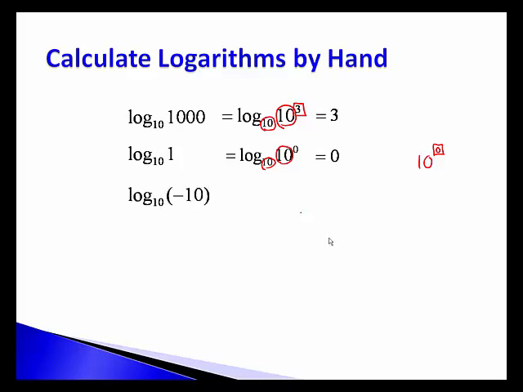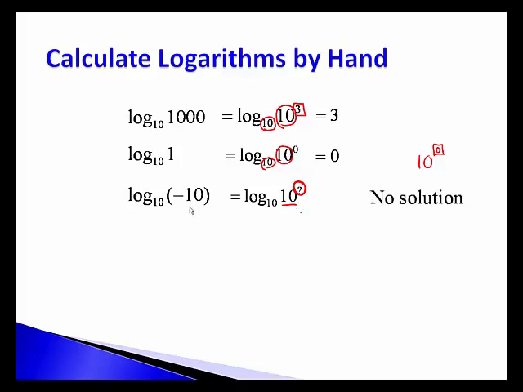Let's do one more. What about log base 10 of negative 10? Well, once again, what I need to do is to write 10 raised to some exponent that will give me negative 10. Well, there is no number that I can put right here that when I say 10 raised to that power, it gives me a negative number. So the answer this time is no solution.